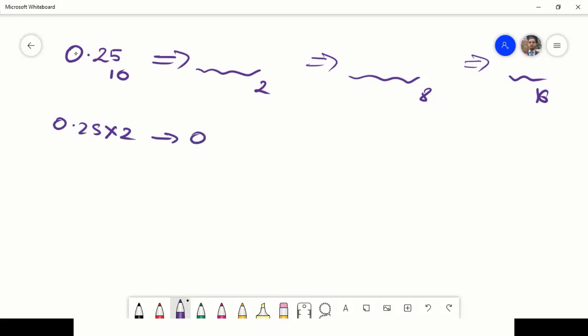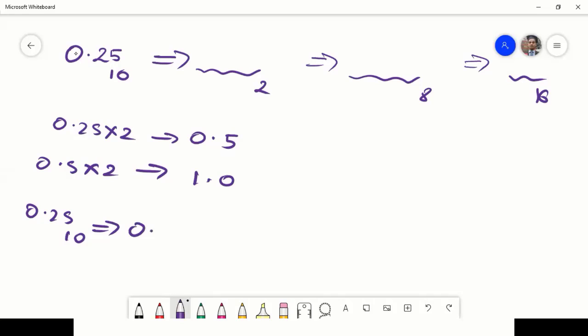To get base 2, 0.25 into 2 we get 0.5, and 0.5 into 2, we get 1.0. So 0.25 is 0.01 base 2, right?